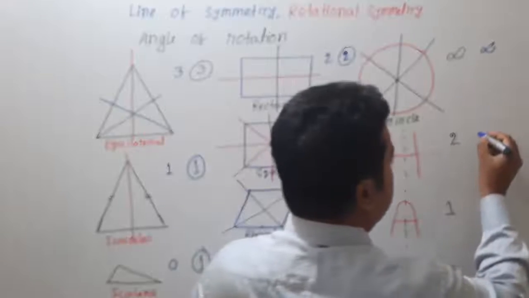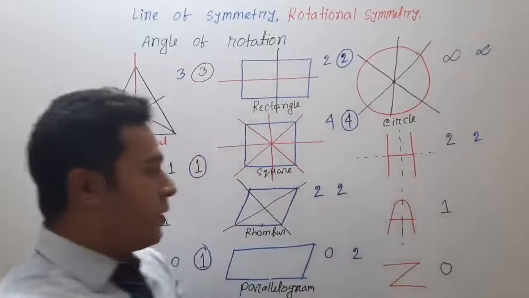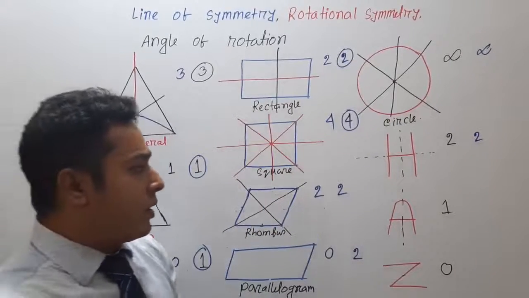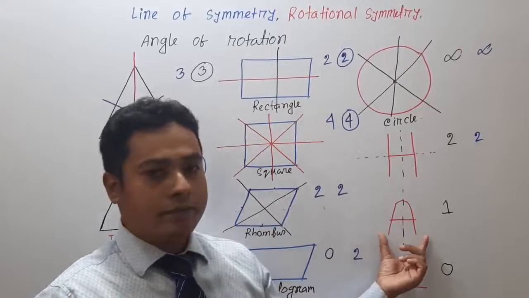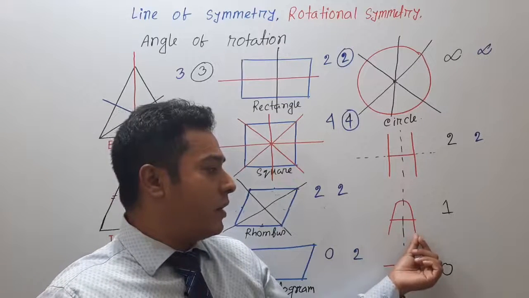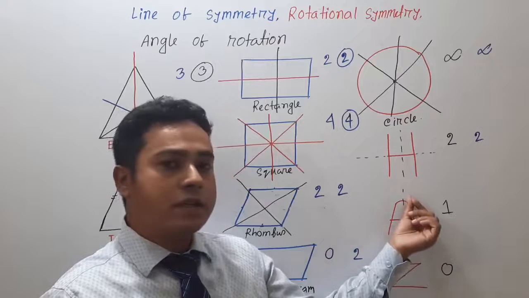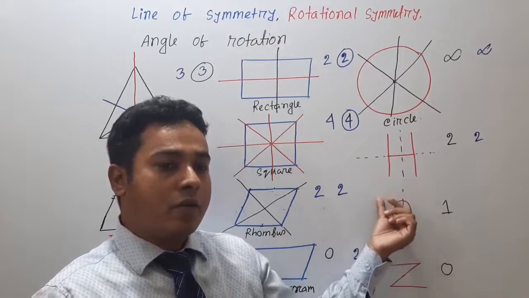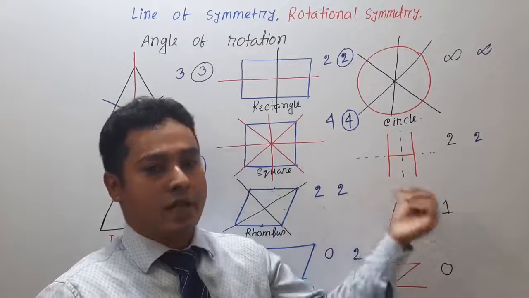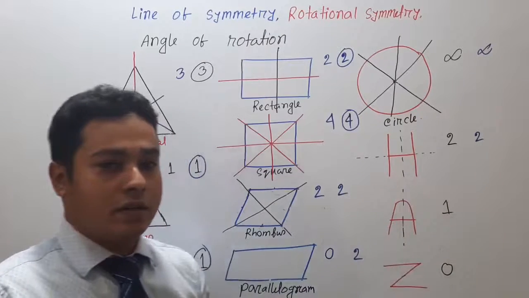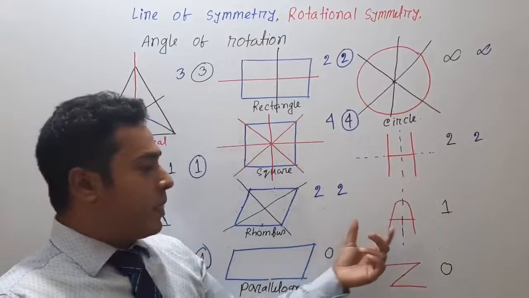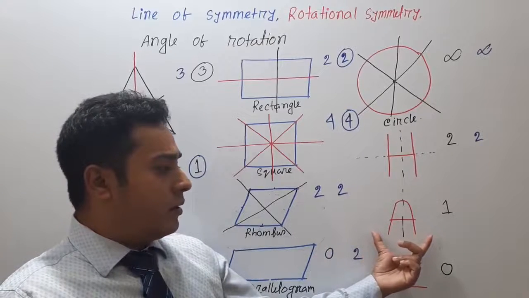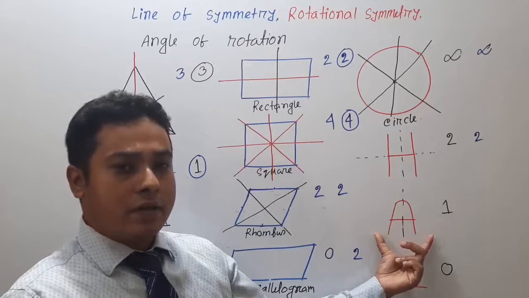Okay, for A, if this point goes to this, the original shape will be changed, but without complete rotation, the shape will be changed.